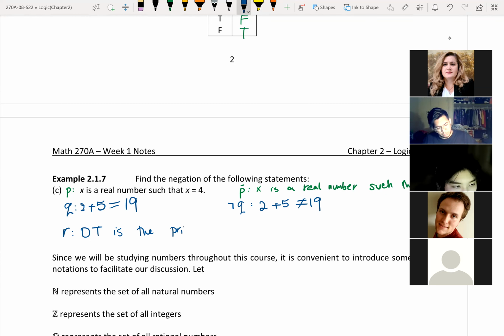Sorry, I'm using this one because that's part of your book example. So I have used the bar notation, and I've used this notation. I haven't used this one, but this is the other notation for negation.